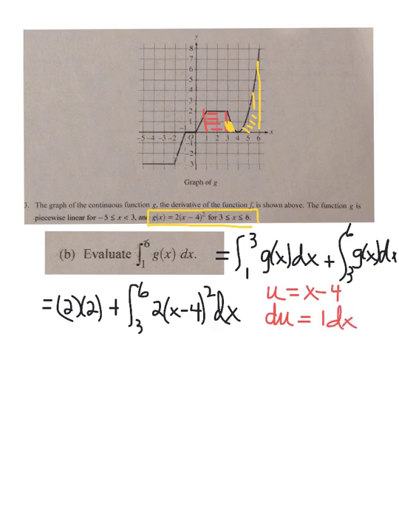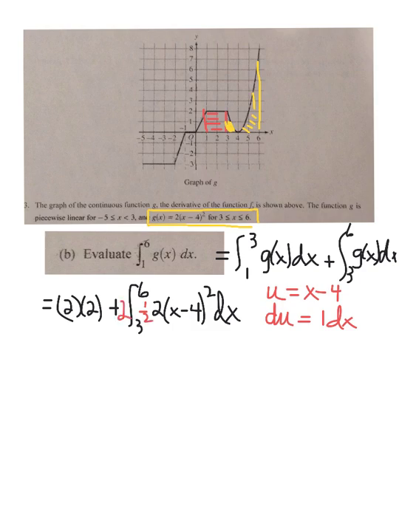All right, so if you look at this, my du is 1 dx, and I have 2 dx, so be careful. So what do I need to multiply this 2 by for it to say 1? So you're going to need a 1/2 on the inside and then a 2 on the outside.